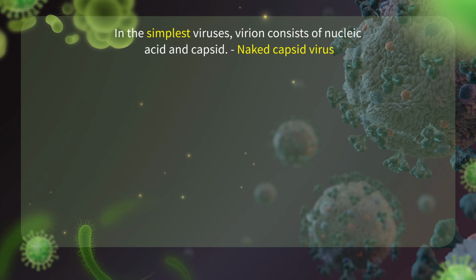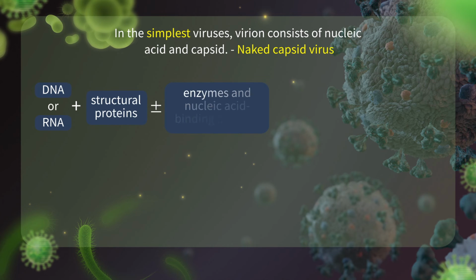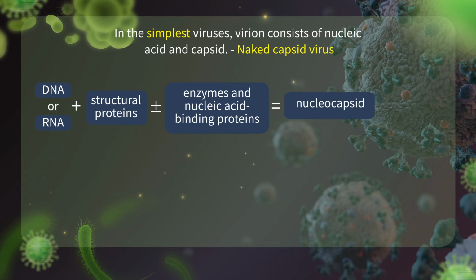In the simplest viruses, the virion consists of nucleic acid and capsid, a naked capsid virus. DNA or RNA plus structural proteins and enzymes, and nucleic acid binding proteins, are the nucleocapsid, in a naked capsid virus.